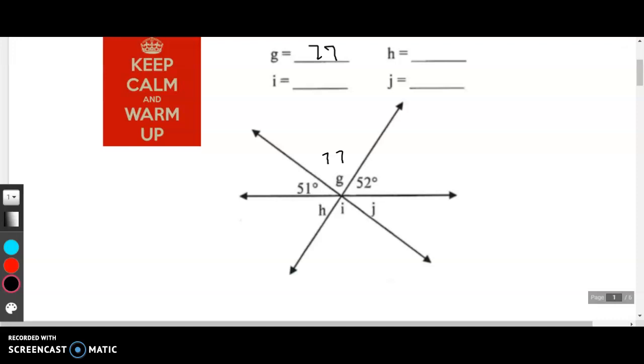If G is 77, then the angle that's vertical to it is also 77. So I is 77 degrees. If this angle is 52, then the angle vertical to H is also 52. And if this angle is 51, then the angle vertical to that is also 51, which is J.